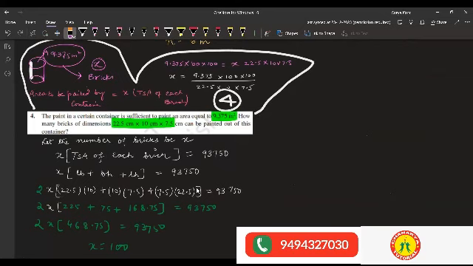See here what I have done: this part we have converted into centimeter square. Already it's converted into centimeter square. All right. So the answer is 100, children.